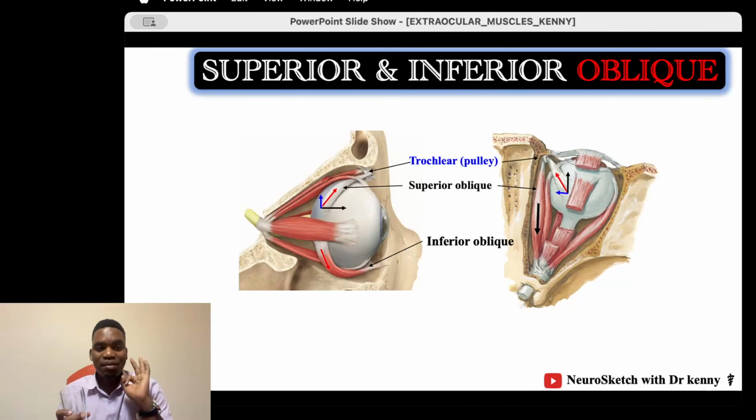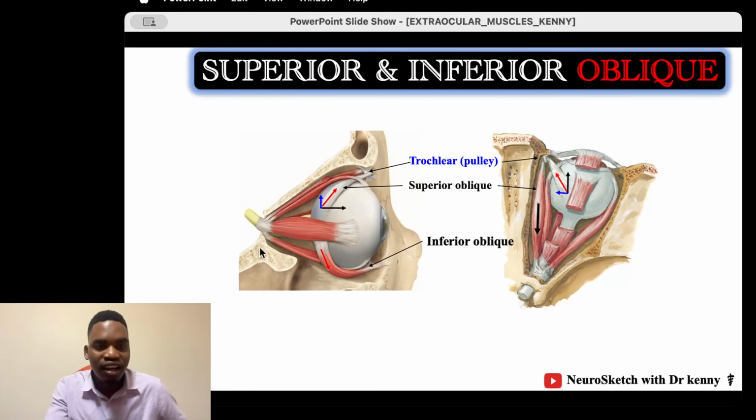So, three movements under the inferior oblique muscle: extorsion, elevation, and abduction. But the abduction by both the superior and inferior oblique muscles is weak abduction. They are not chief abductors. The superior oblique muscle is the chief medial rotator, intorsion, and the inferior oblique muscle is the chief lateral rotator.